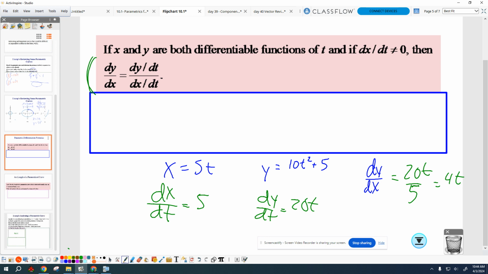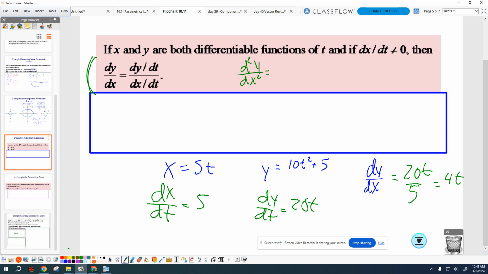Double derivative being d squared y over dx squared. I never made a big deal about the notation. It's the change in y twice over the change in x squared. Usually, y is position.